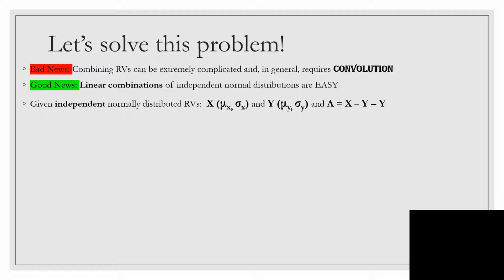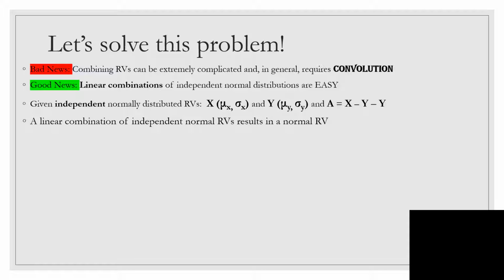So, given independent normally distributed random variables X and Y, we can define A equals X minus Y, and what we would like to have is that A is normally distributed and we know how to calculate the mean and the standard deviation. That would be the end of our problems, right?